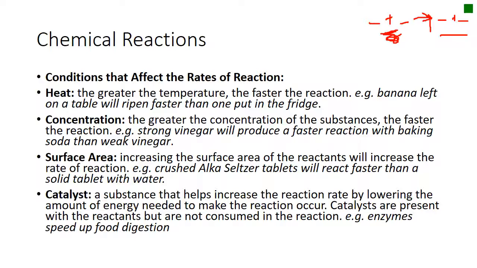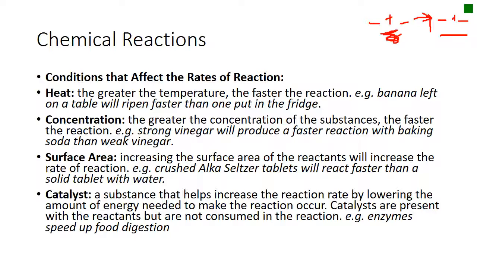How can you speed reactions up, and how can you slow them down? Well, one way is heat. The greater the temperature, the faster the chemical reaction will go. The lower the temperature, the slower the chemical reaction will go. That's the whole principle of why refrigeration keeps your food preserved: food going bad is a chemical reaction, and decreasing the temperature slows that reaction dramatically.